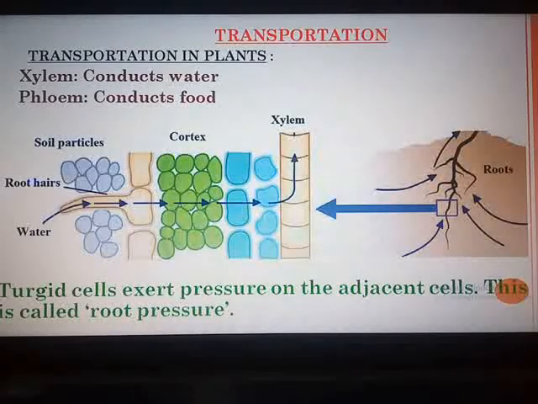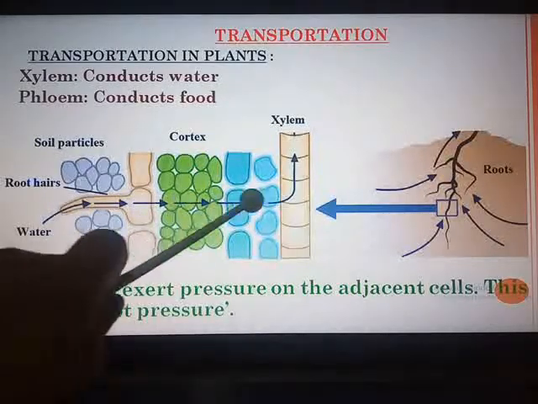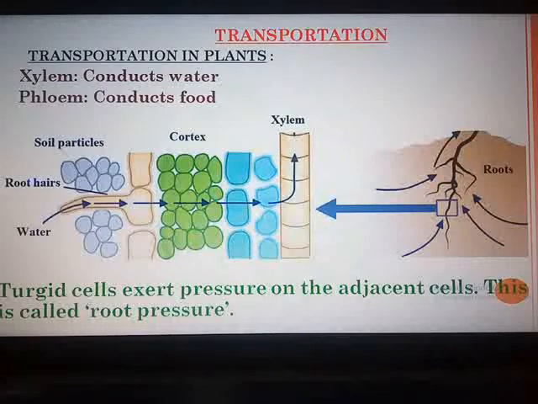Once the cells become turgid, they start exerting pressure on the cells next to them, which is known as root pressure. Under the effect of this pressure, the water and minerals absorbed by the roots reach the xylem of the roots, and to reduce this difference in concentration, they are continuously pushed upwards. You can see here, water is being transferred to the xylem.